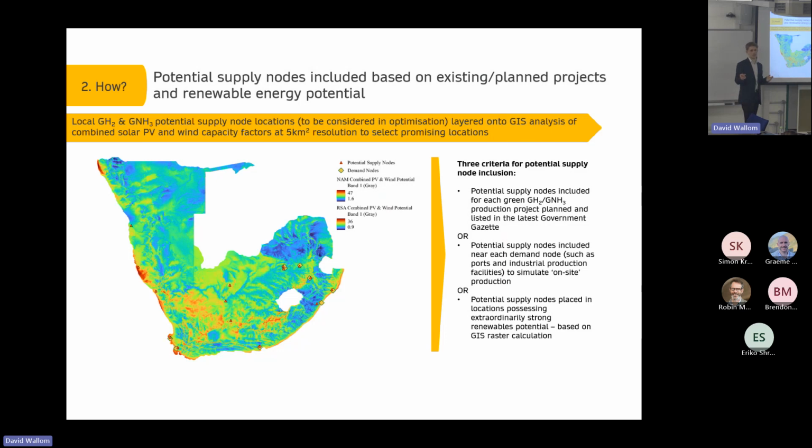That's used to simulate on-site supply. So you have your end user and then you set up production right next to it, or within 10 kilometers. And then the third reason was, if I noticed there was a particular location which had exquisite renewables potential, which is this GIS raster calculation you can see here, then I popped a potential supply node there just to see what happened.